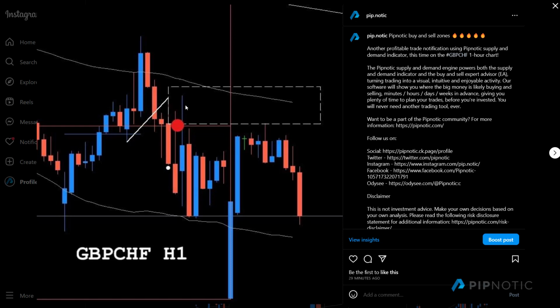When it sees that pattern, it's scrutinized via a rule set, and if it fits the rule set nicely, then it'll draw a box like this on the chart, and there'll be a small line which points to a significant high or a recent high or a low. This line is just showing you the market structure that was compromised when this area of, in this case, supply was formed.